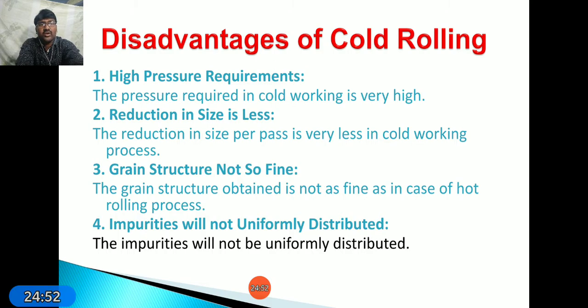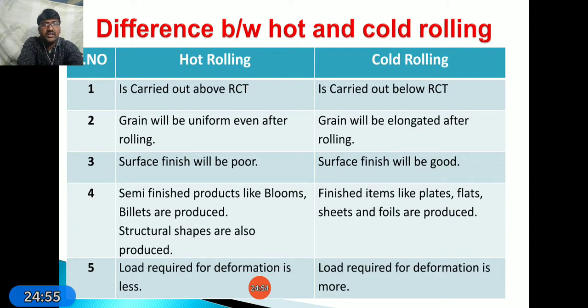Next, the differences between the hot rolling and cold rolling processes. Hot rolling is carried out above the recrystallization temperature, but cold rolling is carried out below the recrystallization temperature. Grains will be uniform even after hot rolling, but in cold rolling they are elongated after rolling, that is, not equally sized. Surface finish will be poor in hot rolling, but in cold rolling the surface finish will be good compared to hot rolling.